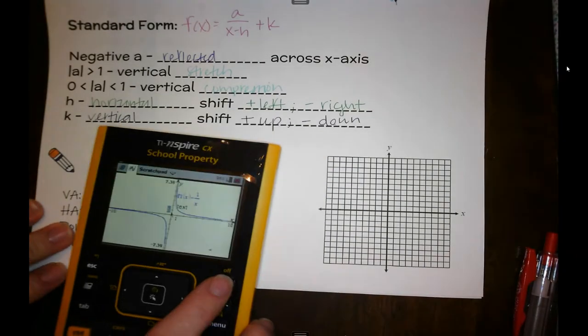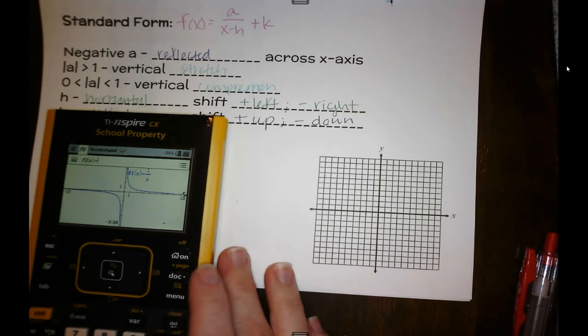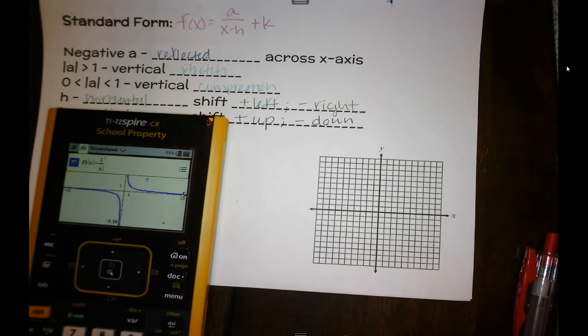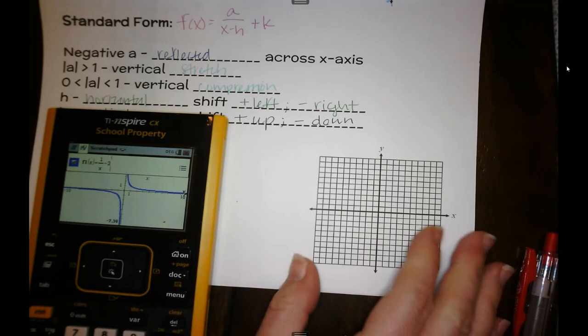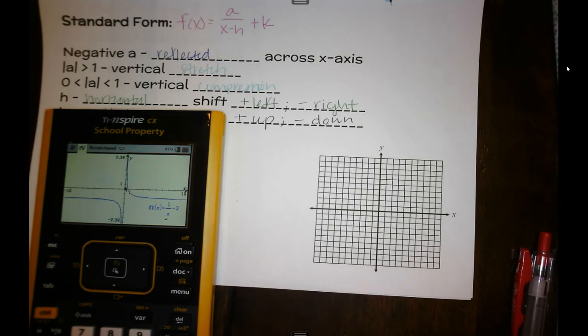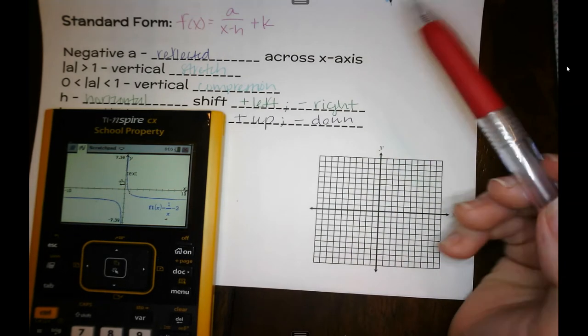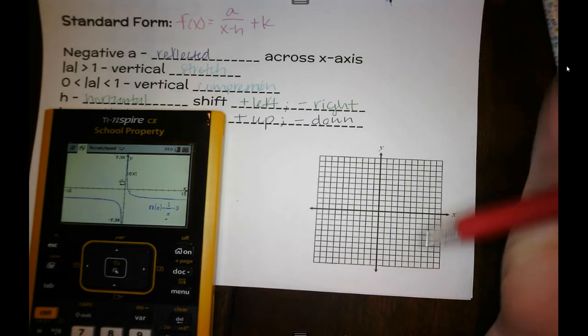So what you can do is go to your calculator, go to menu, the graph, and let's go back up. We're going to take that negative 1 over x minus 2, and we're going to see what that graph looks like. I bet this calculator could tell you where the asymptotes are, but I don't know how to tell you. So we've taken that parent function and we've moved it down 2.